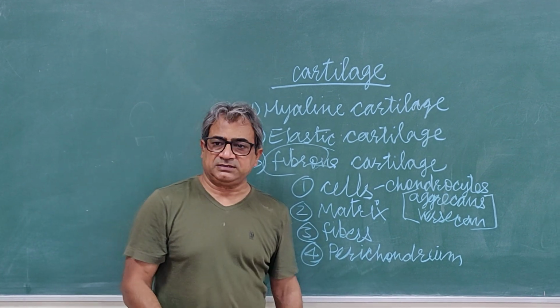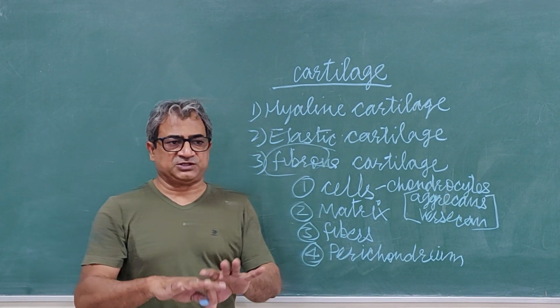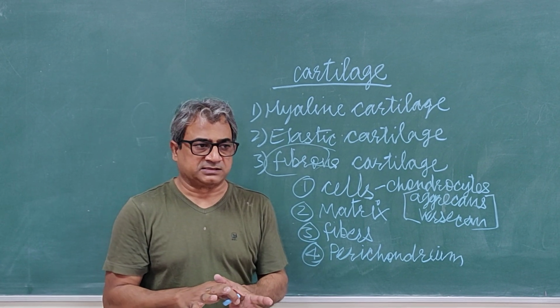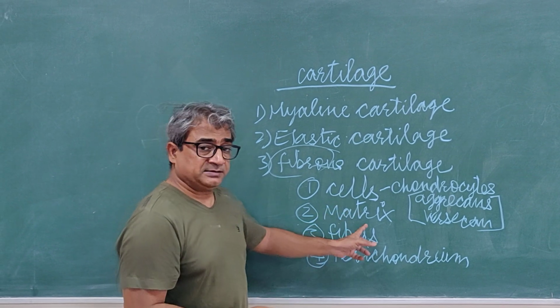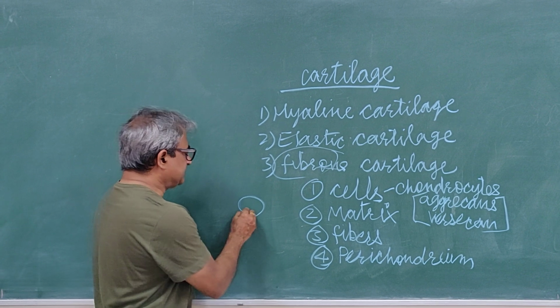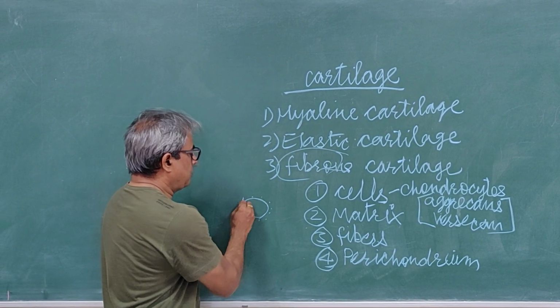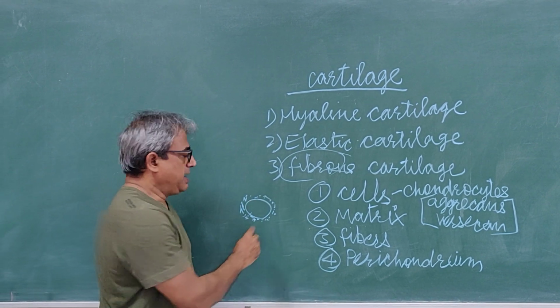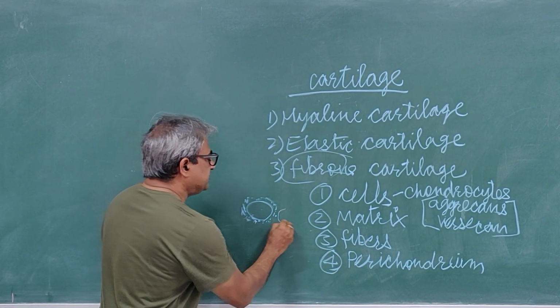Now, what is a matrix? Matrix is a substance which is all around the cells. Say there is a cell, this is a chondrocyte, and it is secreting substances all around it. These are aggregans.